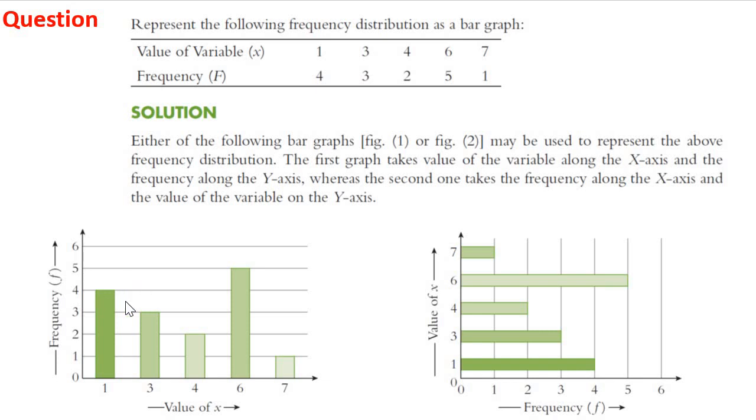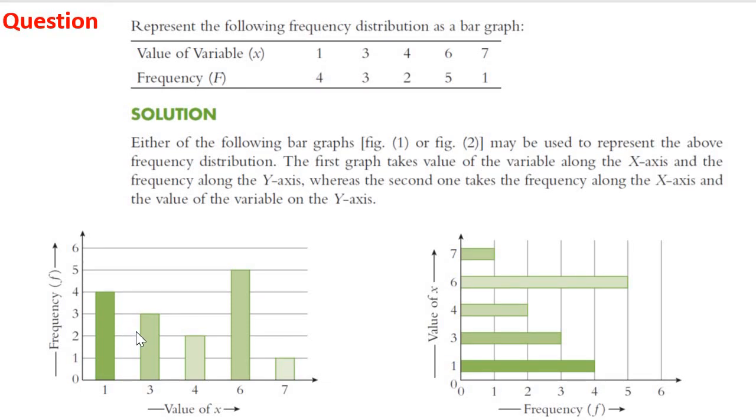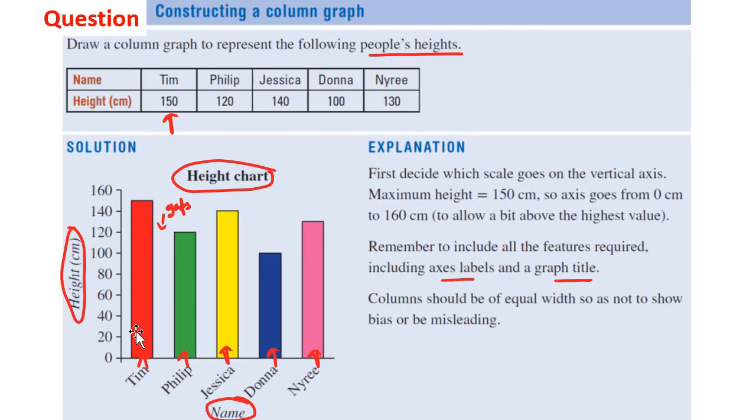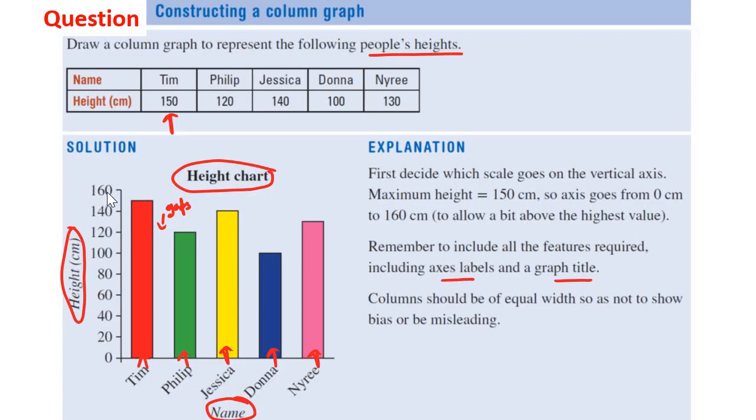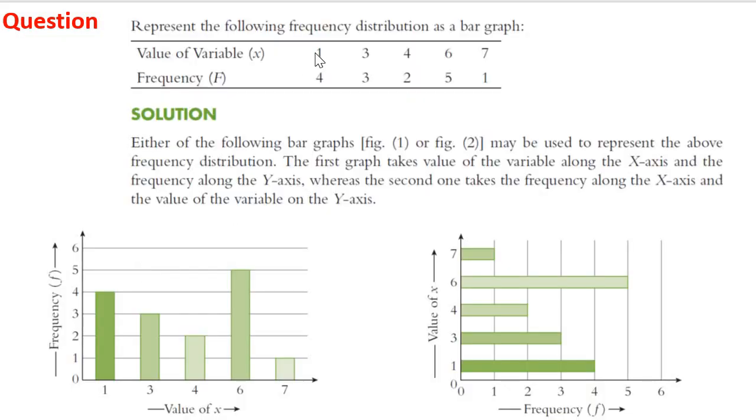You see the lines have been written. This was not present in the last graph, but you can also do it like this. If the values are large, say for example here 150, then you don't draw the lines. But if the values are less, like here the frequency, then you can draw the lines. This will help you to draw the bars as well.